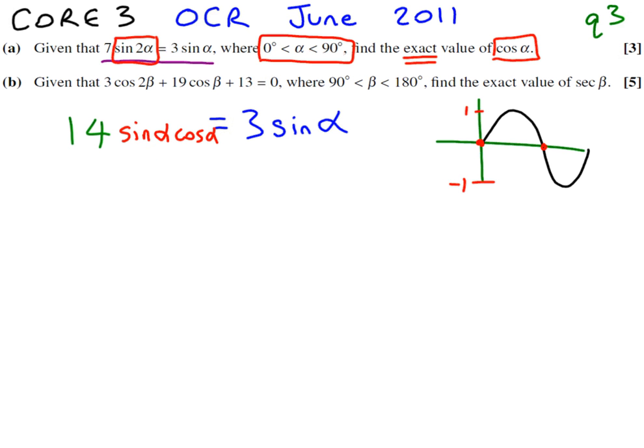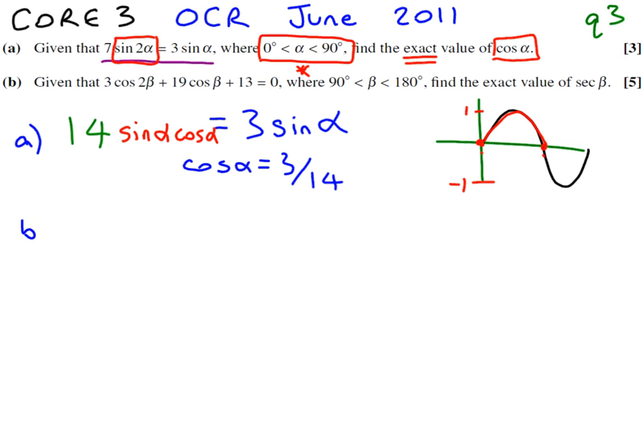So what we need to do is apply the range, which says the only part of a graph that we care about is this part, not including where it equals 0. That allows us to divide by sine alpha and get the expression 14 cos alpha equals 3, and hence divide by 14 to get the exact value of cos alpha as 3 over 14.